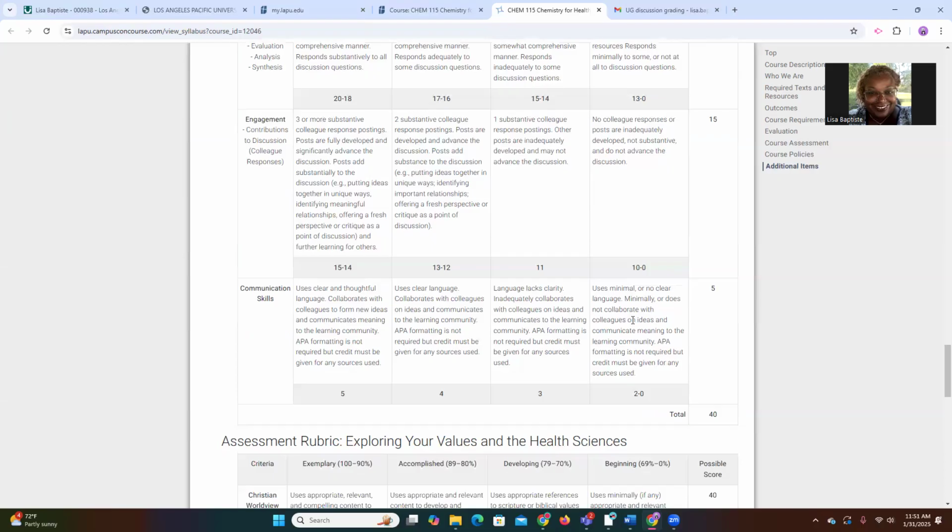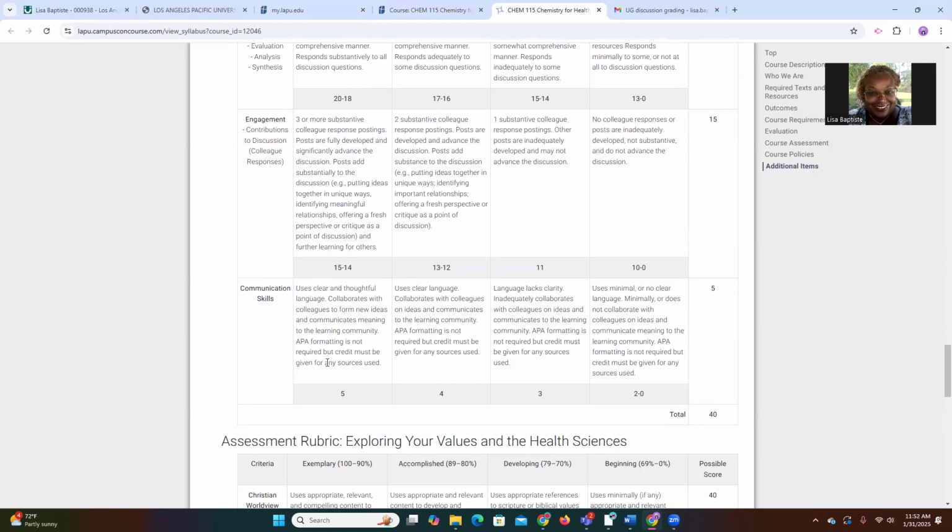The last category for the discussion forums is the communication skills. To get the full 5 points, which is what this section is worth, you use clear and thoughtful language, collaborate with colleagues to form new ideas, and communicate meaning to the learning community.